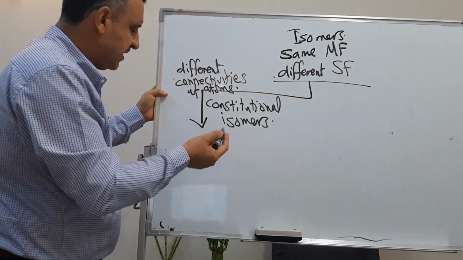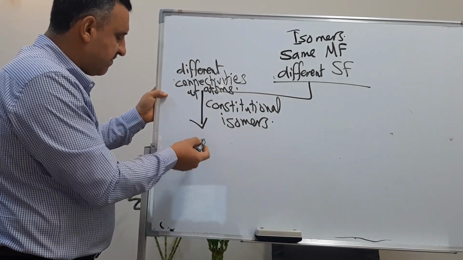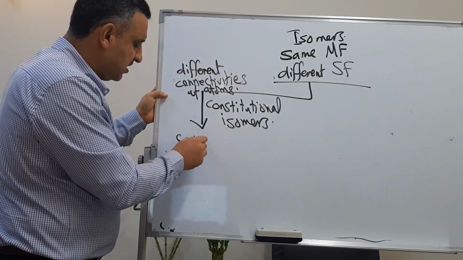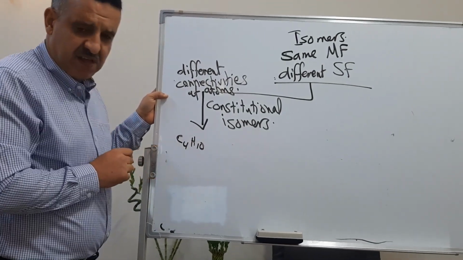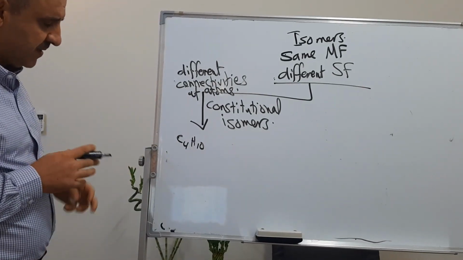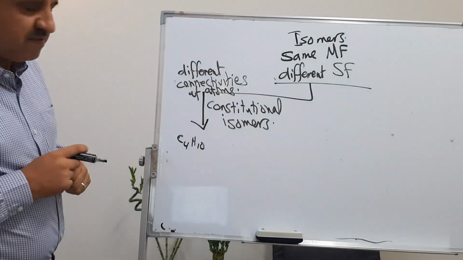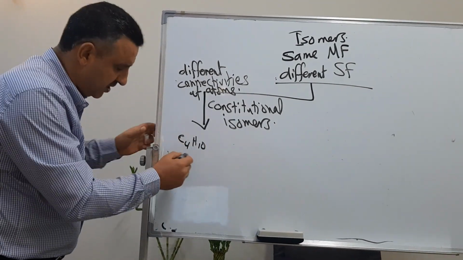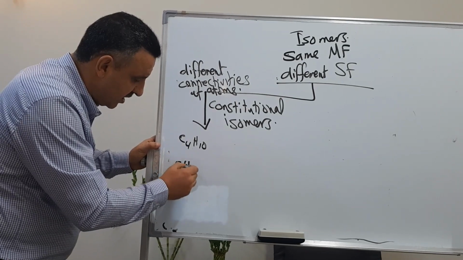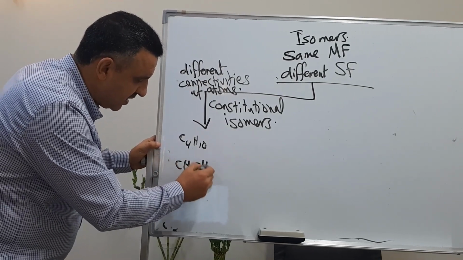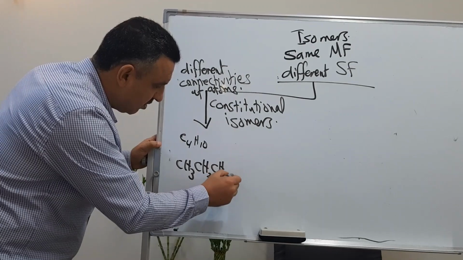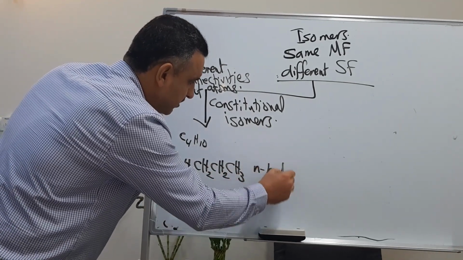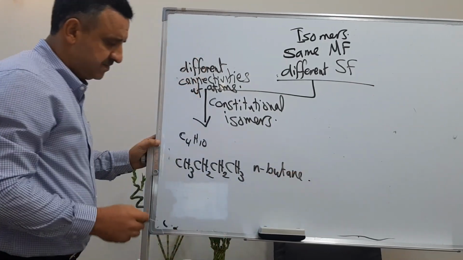For example, let's say we have the formula C4H10, an alkane of this formula. There are several ways of connecting the carbons to each other in this example. For example, we may have the long chain, where the carbons are connected in a straight chain like this, which we call n-butane, as you will see in the coming slides.